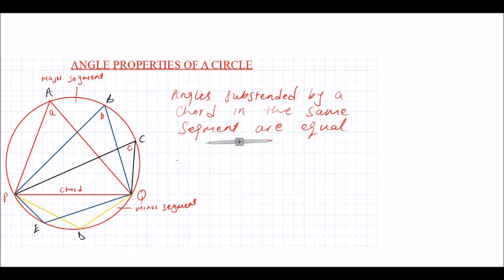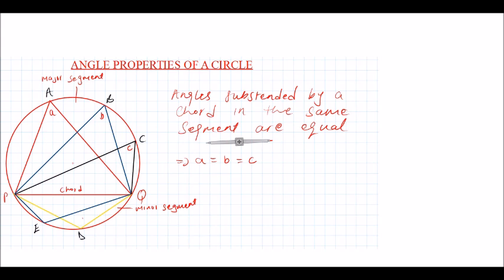So this property says angles subtended by the same chord in the same segment are equal. So this implies that angle A is equal to angle B is equal to angle C. That is in the major segment.